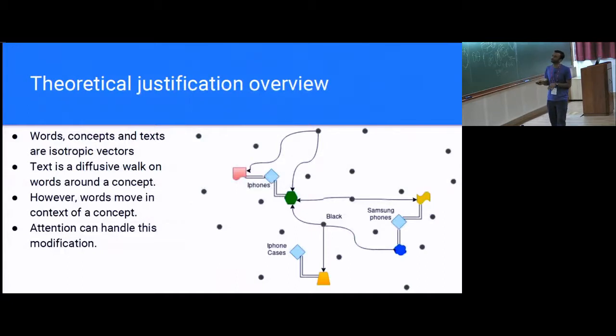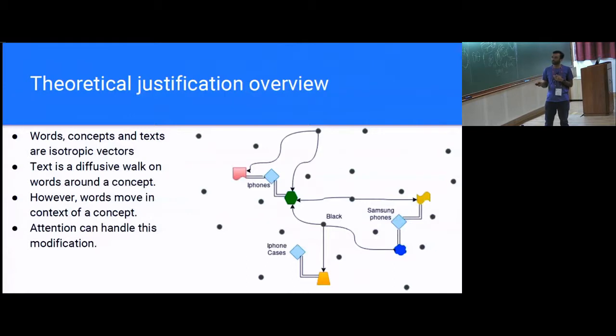Pardon the crappy looking diagram, but the assumption we have is that these black dots are trigrams. They're assumed to be in a two-dimensional space, and your trigrams get mapped isotropically. These diamonds are your concepts or product categories. So they may be Samsung phones or iPhone cases or iPhones.